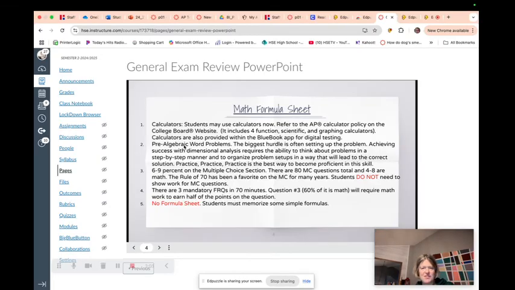To be able to have success with the dimensional analysis that we have to do in APES, you need to be able to set up the problem and go through step by step to come up with a solution. So I always tell everyone to just write down what you've got and write down those conversion factors, and then when you see what you have and where you need to go, that's going to help you lead through the step by step process of getting to the answer.